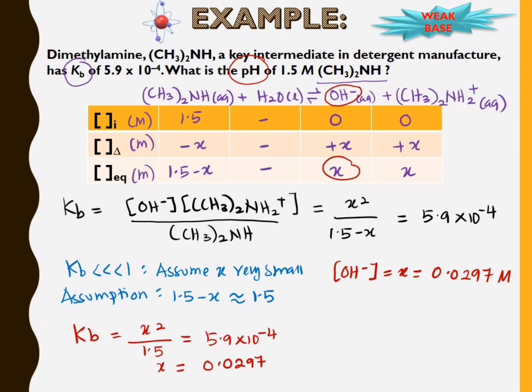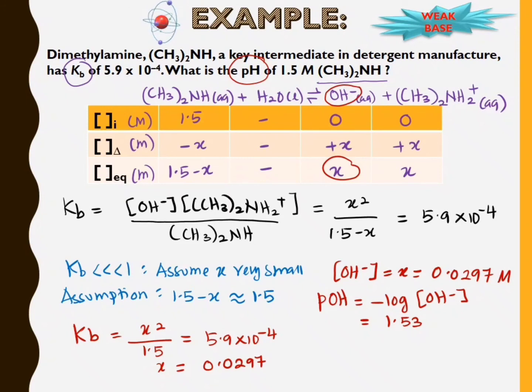But the question asks you to calculate pH, class. To calculate pH, you need the concentration of H3O+. You cannot use the concentration of OH minus. So how, class? There are two ways. The first way is to do as I do. You calculate pOH, where pOH is negative log concentration of OH minus. Calculate pOH first. If I calculate here, my pOH is 1.53.